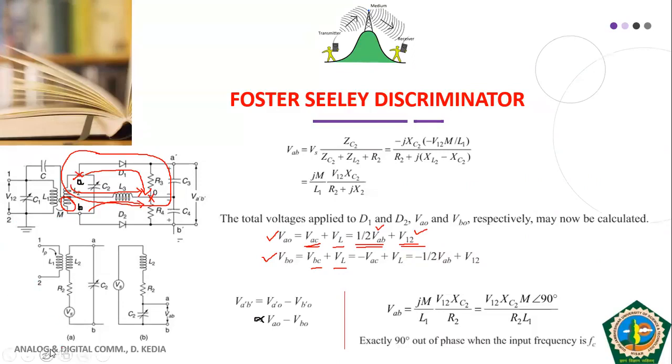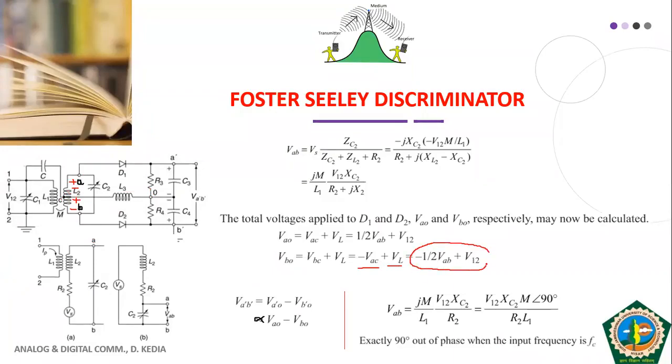Why minus? Minus has been taken because it is a center tapped secondary, so we have plus, minus, plus, minus. So VAO and VBO are the voltages applied across D1 and D2.